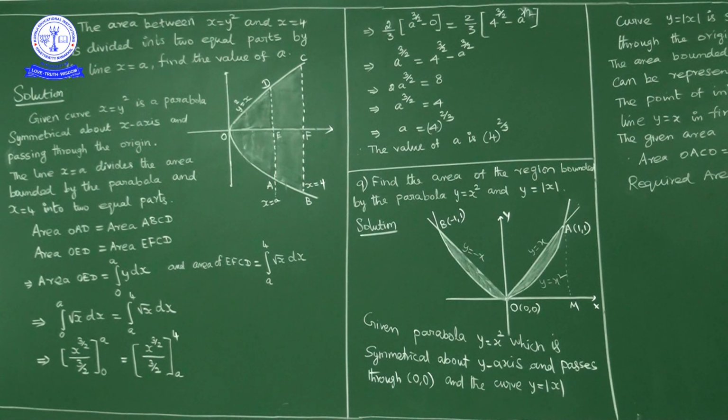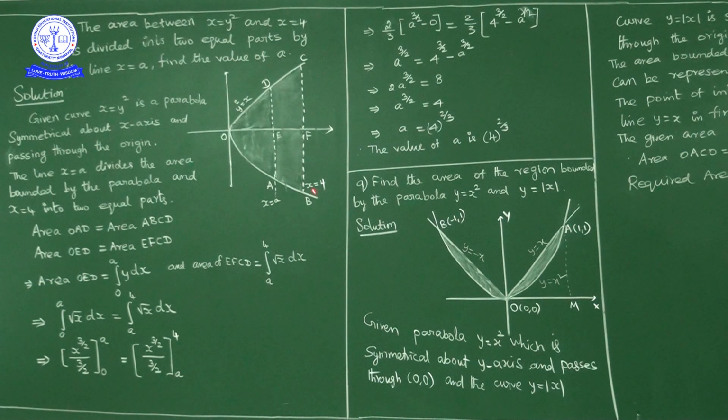Now here the given question is find area between the parabola y square is equal to x and the line x is equal to 4. This area is divided into two equal parts by the line x is equal to a. We have to find the value of a. So y square is equal to x, parabola symmetrical about x axis passing through origin. Now x is equal to 4, this is the line.